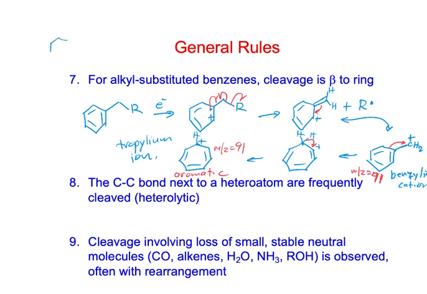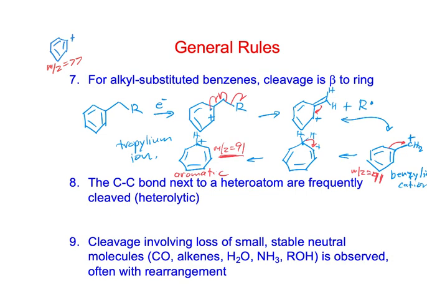So 77 is a cation like this. It's just a phenyl cation. But the benzylic cleavage gives this tropylium ion, which has a mass of 91. And notice they're just 14 mass units apart. Shocker.